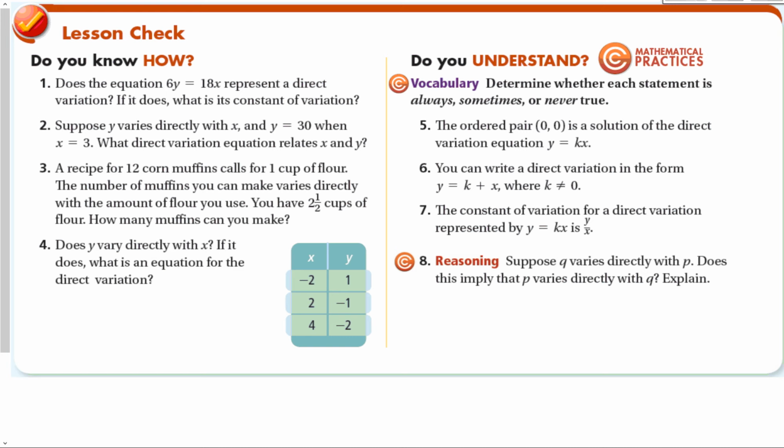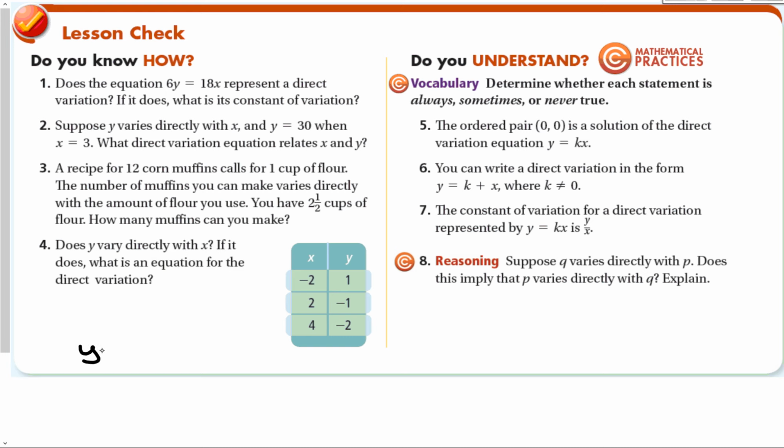So 12 corn muffins, 1 cup of flour. The number of muffins you can make varies directly with the amount of flour you use. You have two and a half cups of flour. How many muffins can you make? My input is flour, my output is corn muffins.